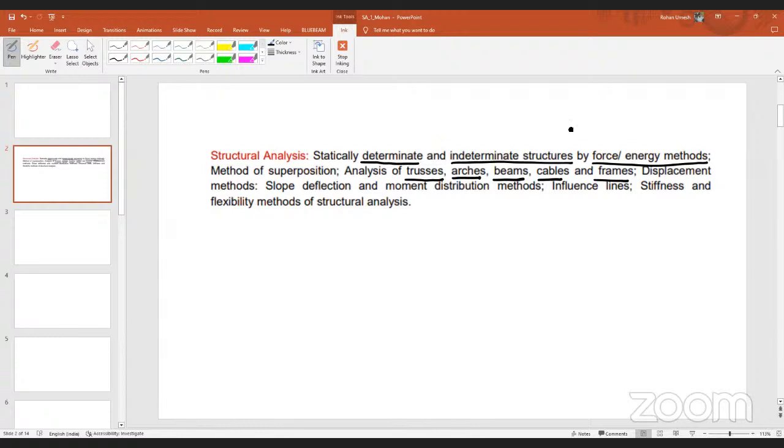And these are all just methods, whether you're using the displacement method, the energy type, or other methods like the flexibility method or the stiffness method. The main introduction that we will start from today is what is determinate, and what is indeterminate.